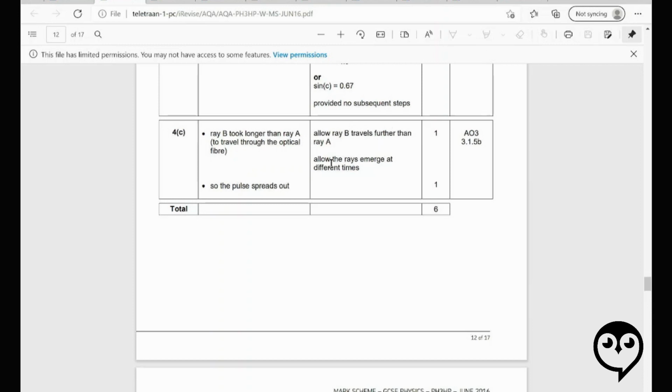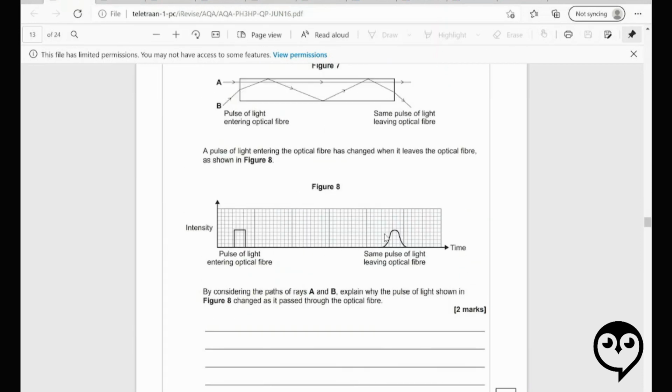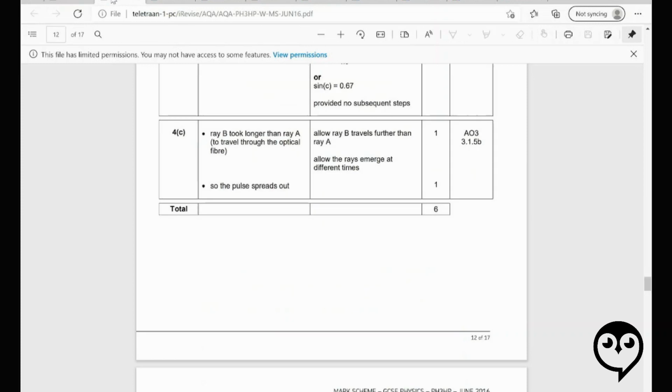Allow the rays emerge at different times. And so yeah, it's going to kind of blur things a little bit, but it spreads the pulse out. Okay, to answer this one, when they're talking about what's happening with these figures, you have to look at what's going on in figure B, and you can say, hey, that time has been spread out. And why is that? Well, because ray B took longer, but the pulse spreads out.